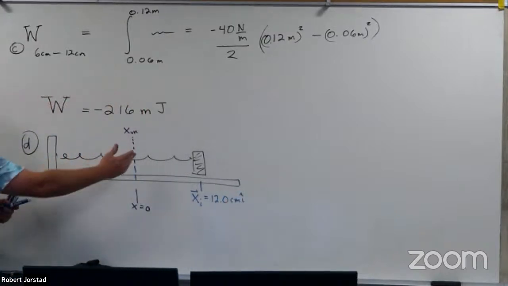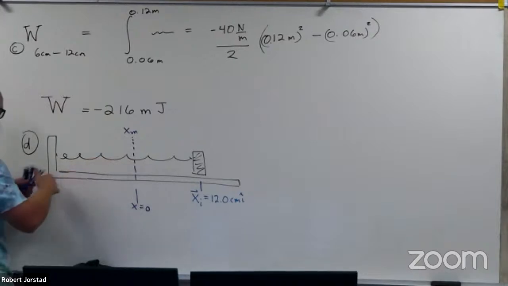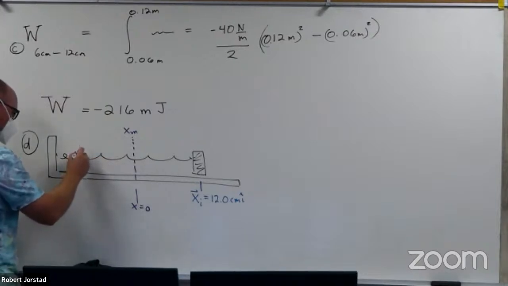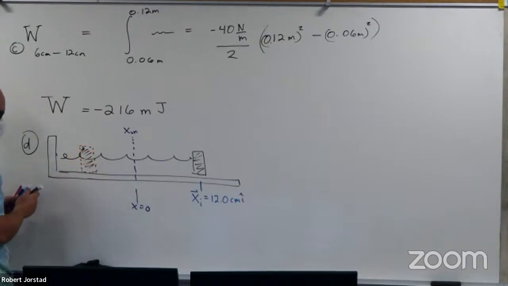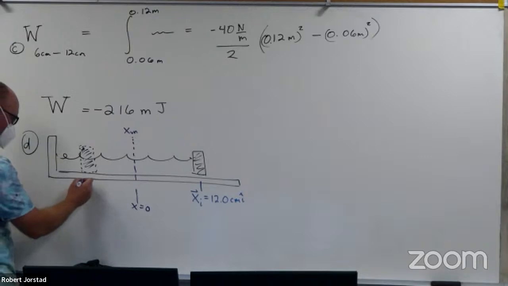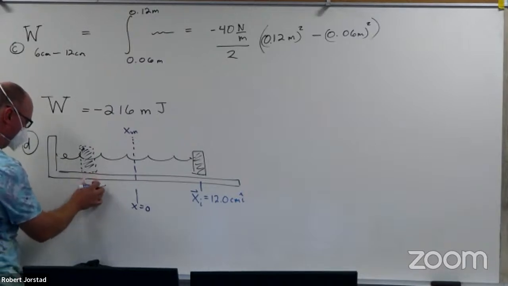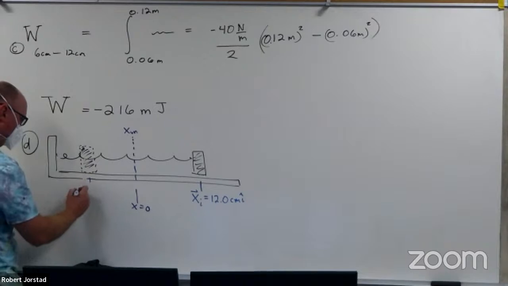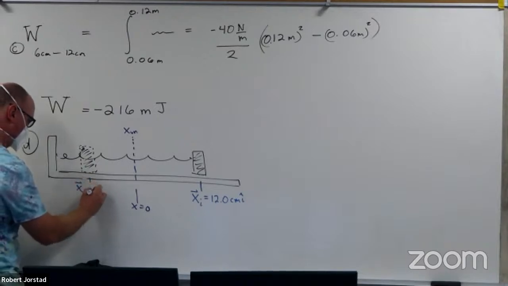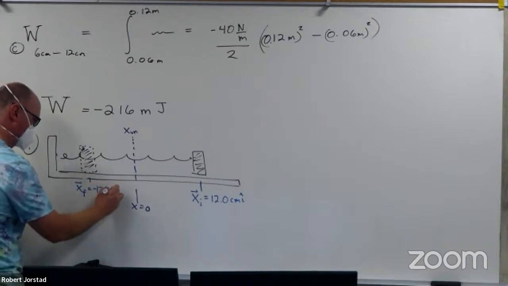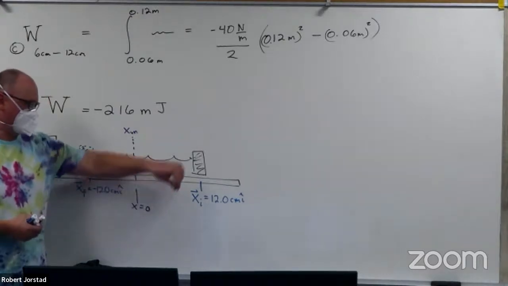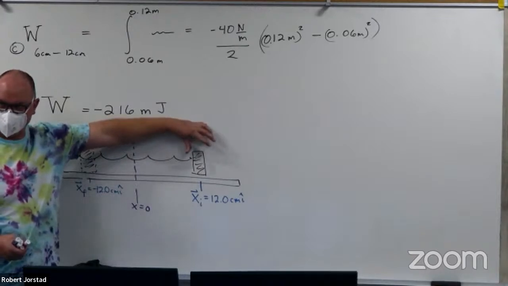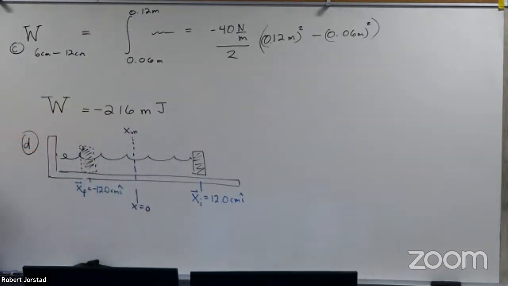And I'm going to let it come over to this point. Sorry if it's not perfectly drawn here. At this point, x final equals negative 12.0 centimeters i hat. So I go from 12, right? I pull it over here, I release it from rest, and then it comes over here. How much work was done by the spring?